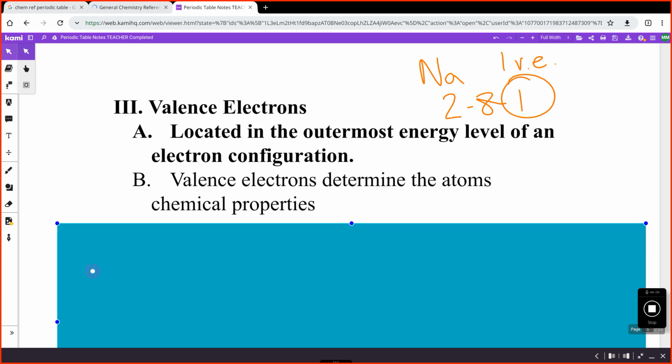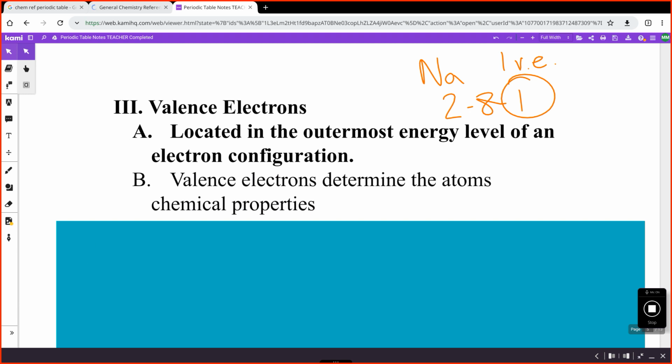So the first thing that we need to understand is that valence electrons determine an atom's chemical properties. So any of the chemical properties, like combustion, are chemical, while melting points and boiling points are physical properties.